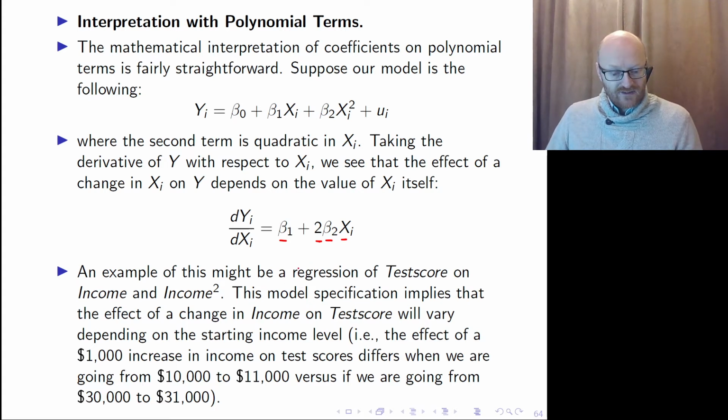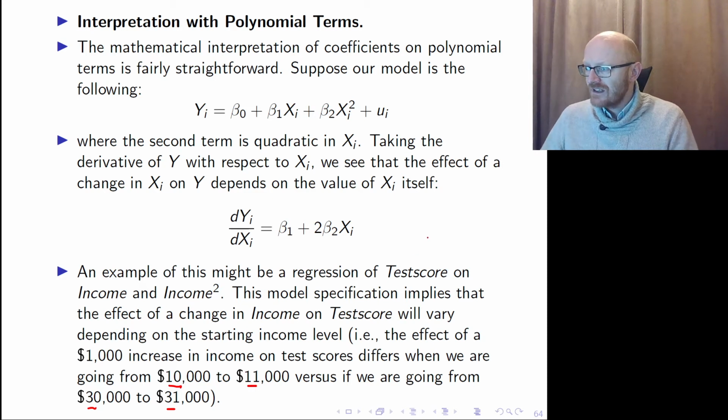So to go to our example with the test score on income and income squared, the effect of an increase in income on test scores is different if you go from 10,000 to 11,000 than from 30,000 to 31,000.